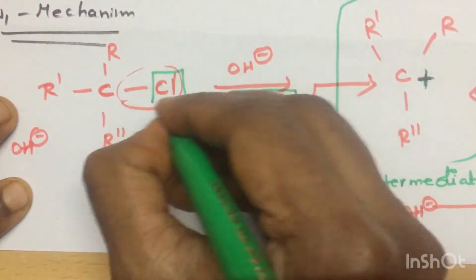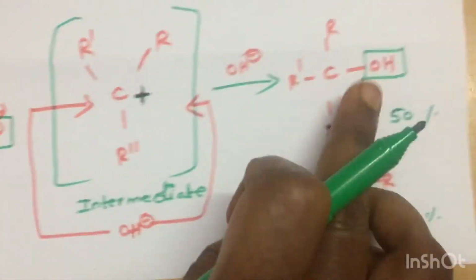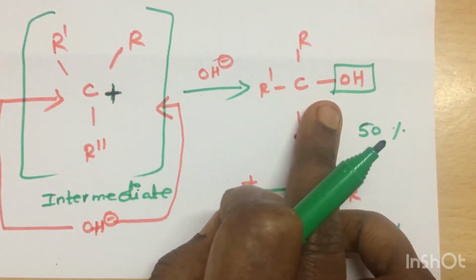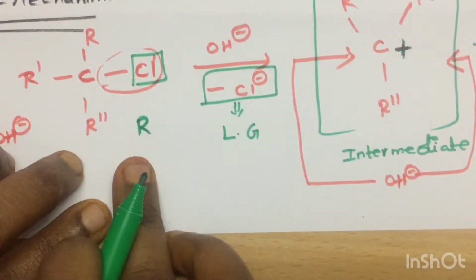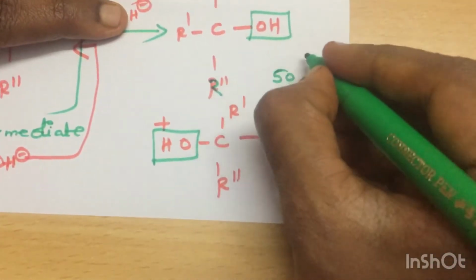50% of the same configured product, where the Cl is replaced and the OH retains the same position. If you take the starting material R, you will get 50% R configured product.